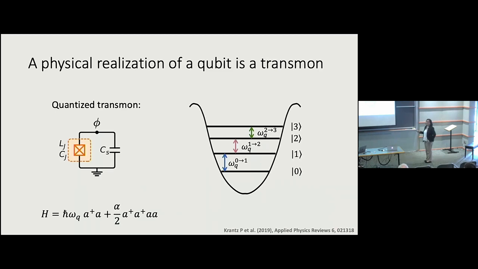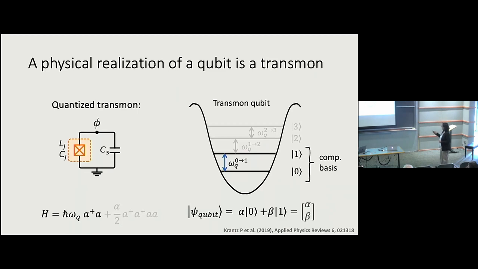So you need to be able to populate them with resonant microwaves with different frequencies. Otherwise, you don't know what you're getting into. Now, if one is able to control a system like this by suppressing excitations to the higher states, then one obtains a two-level quantum system, which one can use as a qubit.